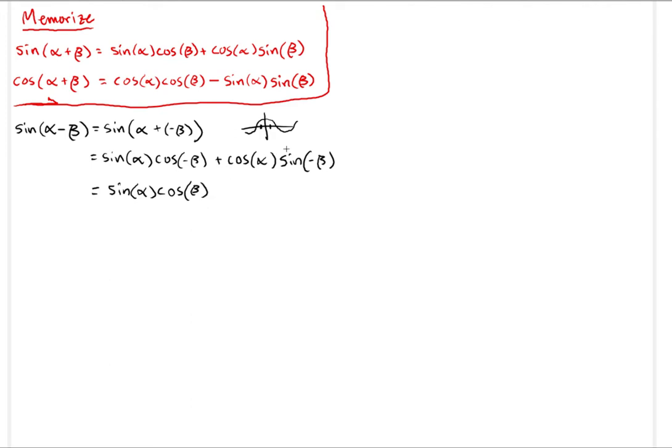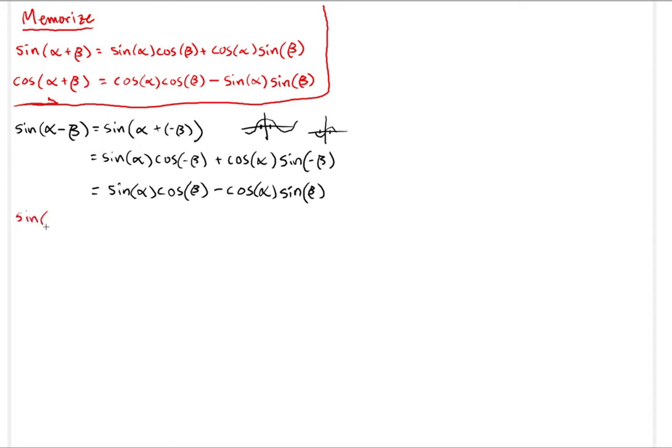But then the sine of negative beta, okay, whatever's happening on this side, the opposite's happening on that side. So we pull that negative out. And another way people would like to memorize it at this point is, okay, when it's minus, you put a minus in between them. So here's another one.